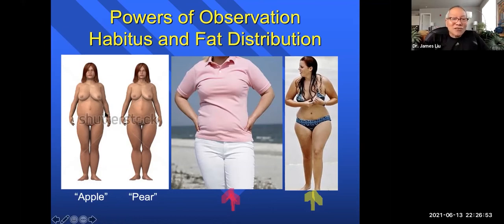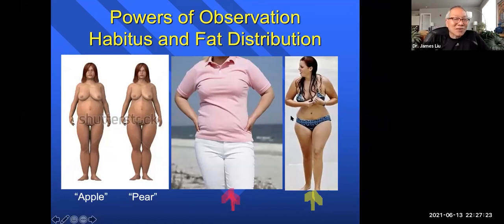And so this distribution may represent an increase in androgen effect, sort of the beer belly that we see in men, but you can also see with androgen effects in women. So this is an androgen-driven effect in females. And although I don't think this is a terrific example, this is an individual sort of with a little bit of an apple appearance, and this is one that's more pear-shaped.